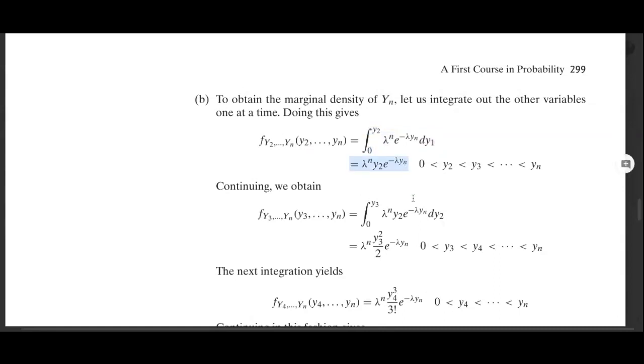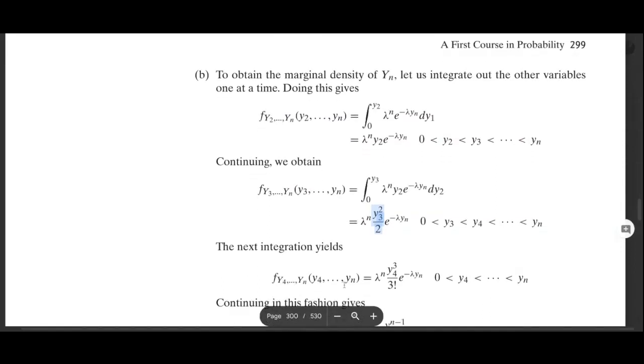Then we just get this, and y3 up to yn. So this is y2 up to yn, y3 up to yn will be, what's the difference? You see, only this term is different, right? Only this term. So next one is the same thing.